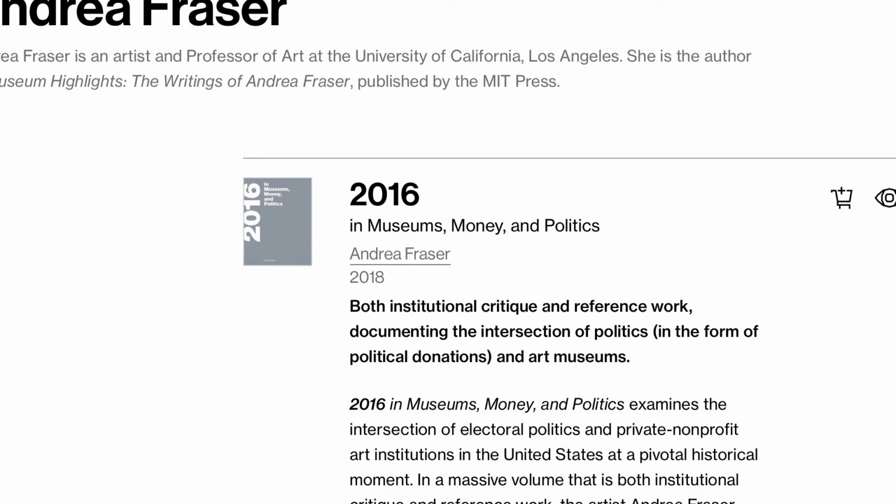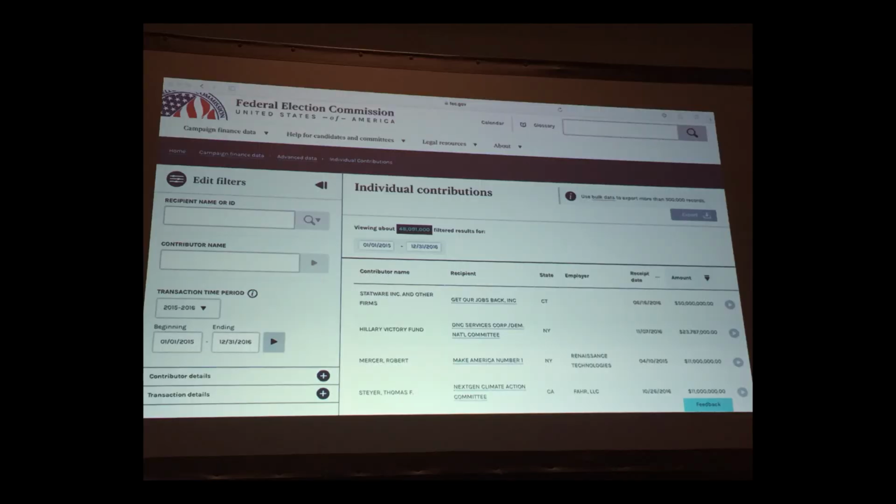She's of course meant to be one of these representatives of institutional critique, but her later work in Museums, Money and Politics was for me extremely important for my research as well, because she decided to systematically structure and label exactly the power relations that she would encounter within the boards of American museums, in order to demonstrate that what is happening in the United States in terms of the institutional and art system in general can be compared to a plutocratic way of organizing society through money and so on.